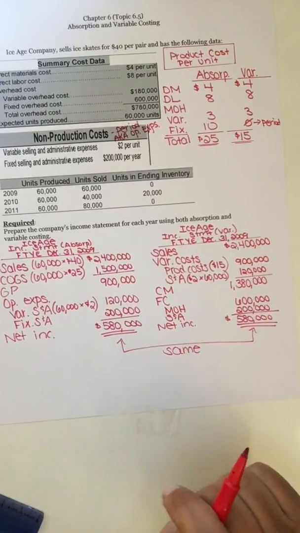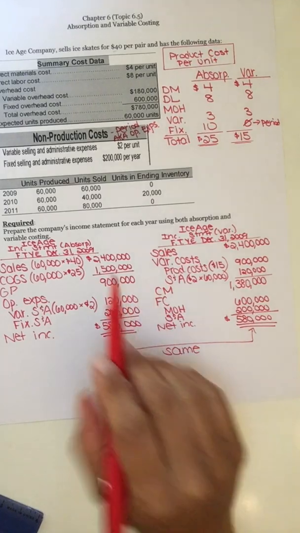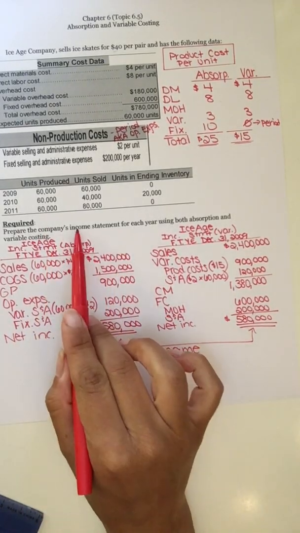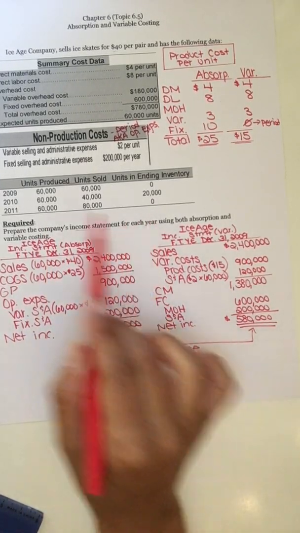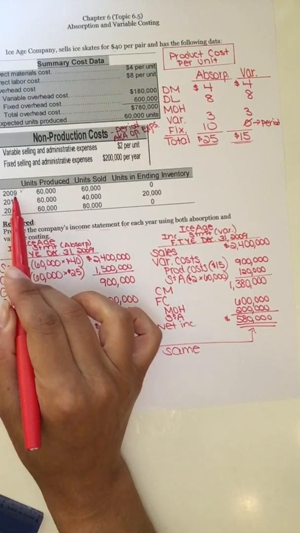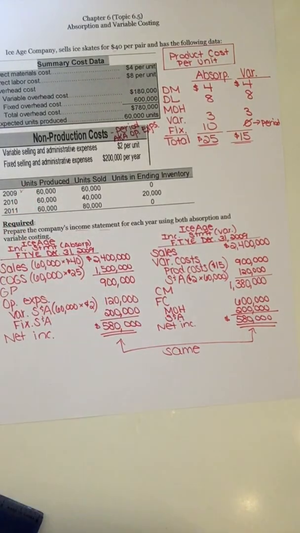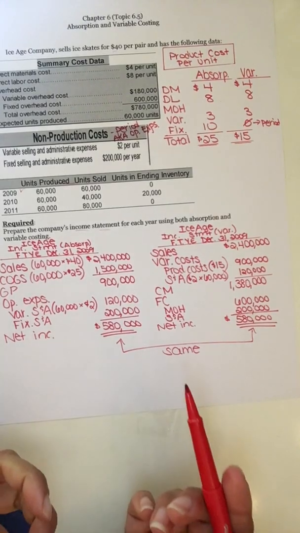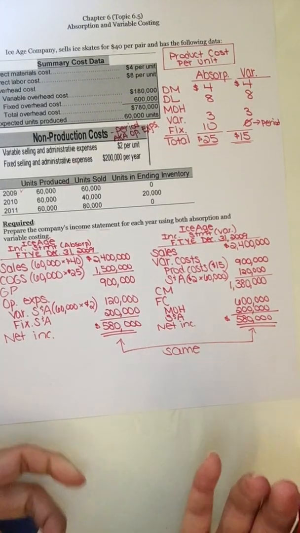Well, let's see in the next two years, because remember this problem asked us to prepare the income statement for each year: 2009, which we just did, 2010, and 2011. So go ahead and try the other two years on your own, and then I will post a solution video with that information, and you'll be able to answer the question: is net income always the same?